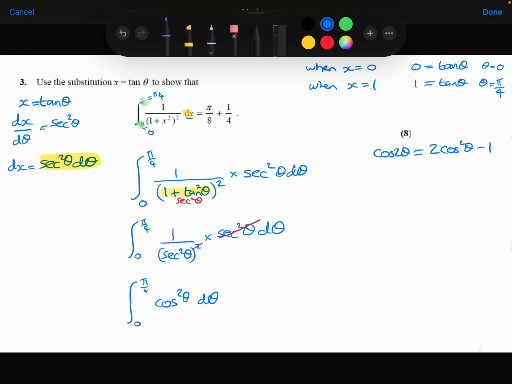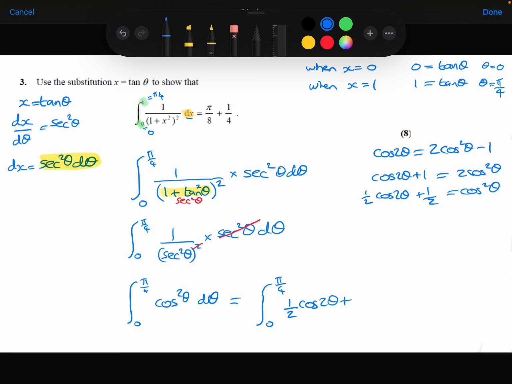So if we make cos squared the subject here, so add 1 to both sides, and then divide through by 2, we get a half cos 2 theta plus 1/2 is cos squared. So that's obviously more complicated than the cos squared, but it does make it much easier to integrate.